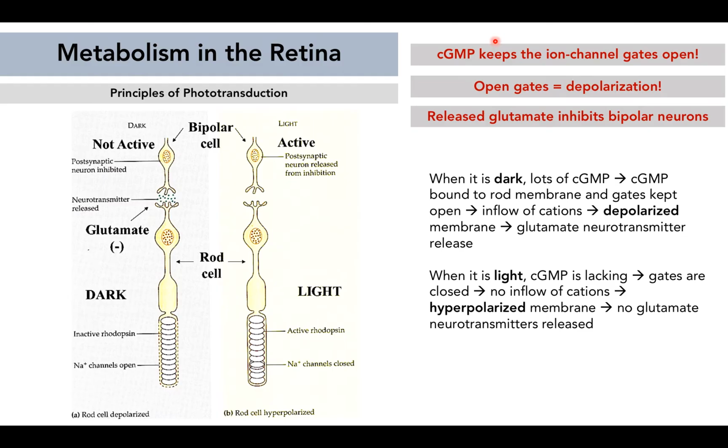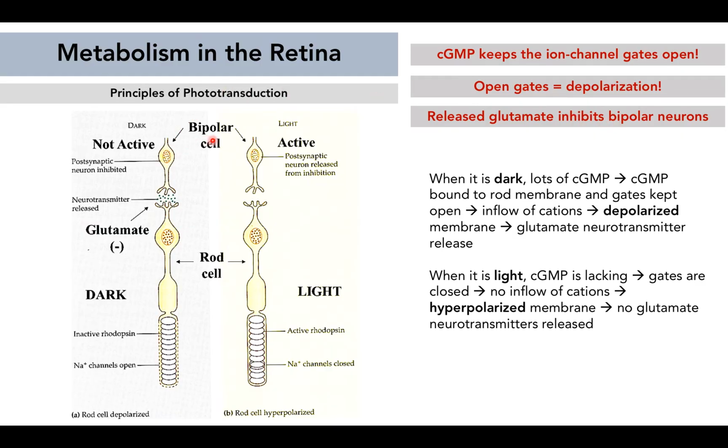First of all, what you need to know is that there's a molecule called cGMP whose job is to keep this ion channel in the cells open. Open gates equals depolarization, and depolarization will lead to the release of glutamate, which causes inhibition of the bipolar neurons.